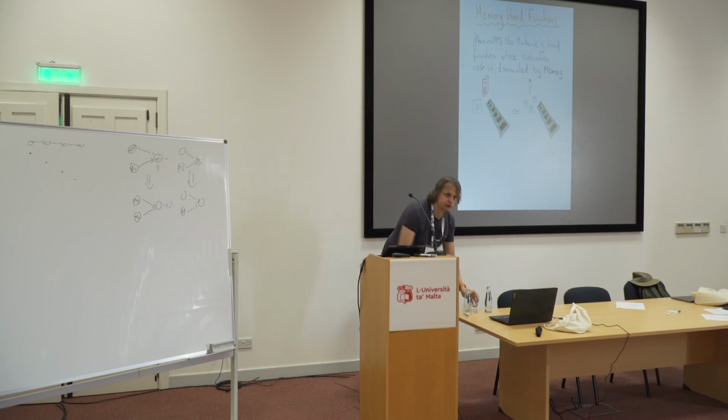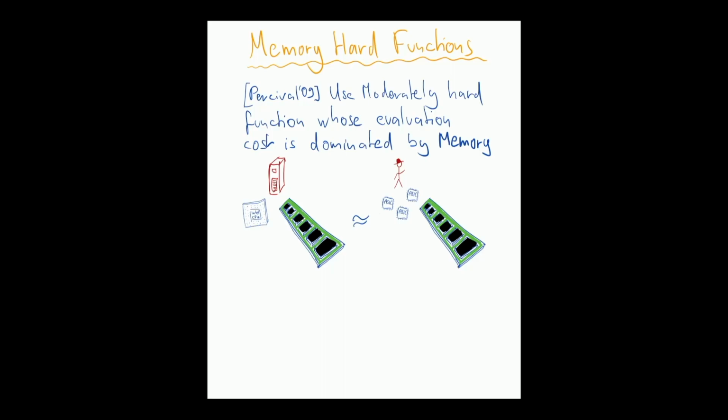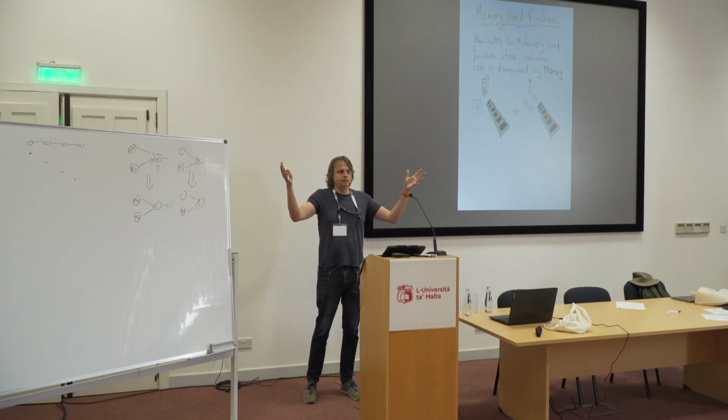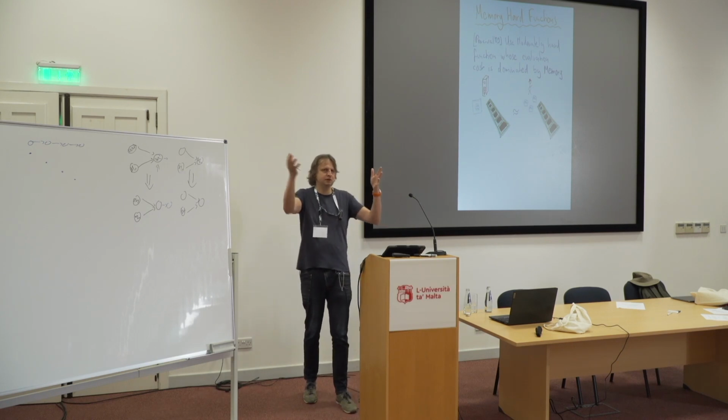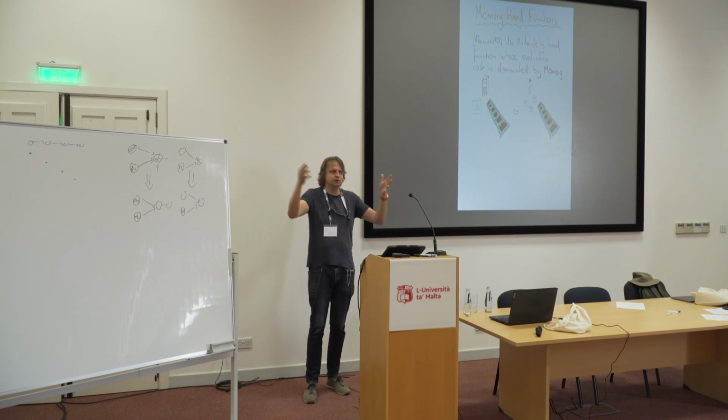And memory costs too. He said, let's make a function where the cost, even on the server, is not dominated by the CPU, but by the memory cost. So if I want to compute this function, I need, say, a gigabyte of memory for 1 million steps, something like that.